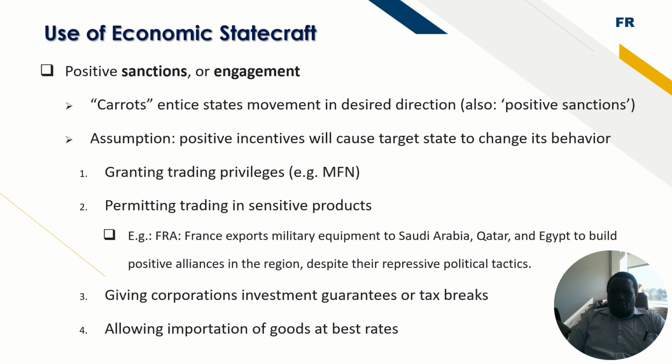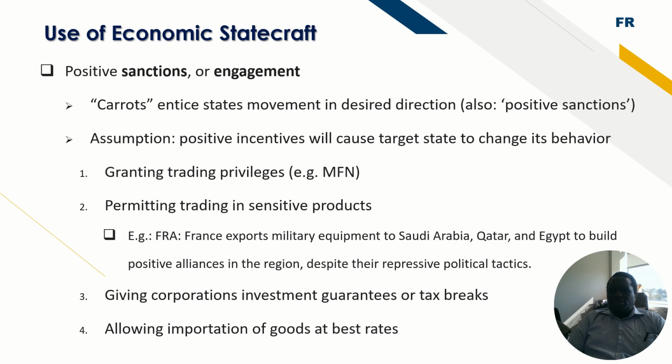But besides negotiation, there are other tools that states have, and so these are economic statecraft. So positive sanctions or engagement, or negative sanctions. And so think of this as carrots and sticks. And so carrots entice states to move in a certain direction that the other party desires. And so this is based on positive incentives.